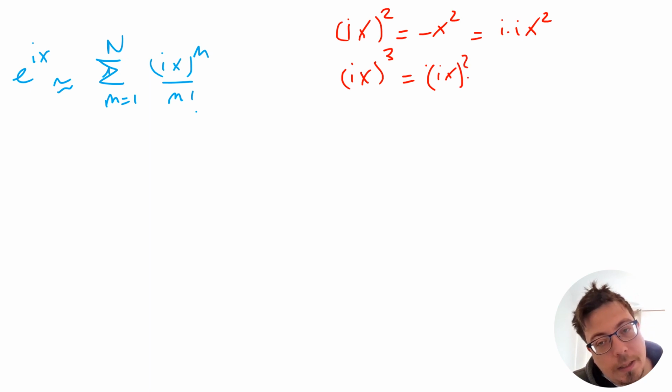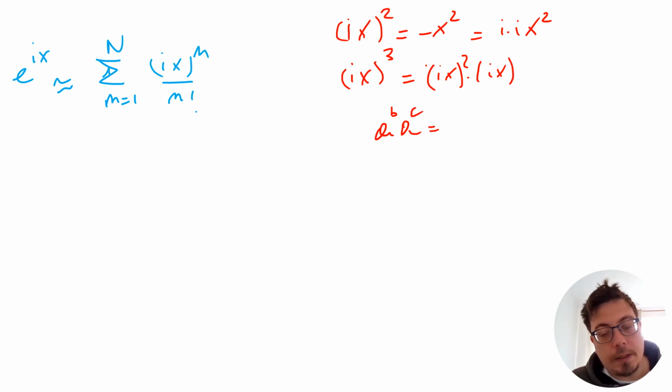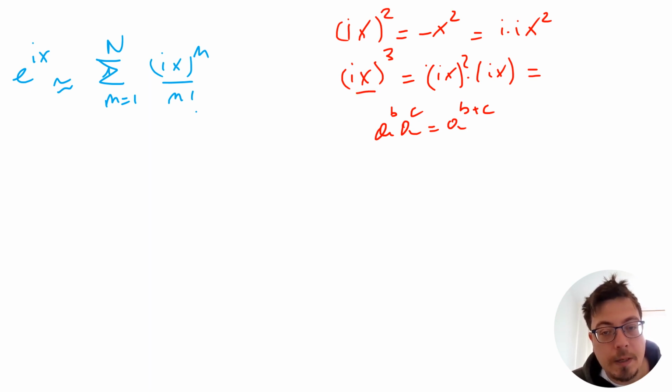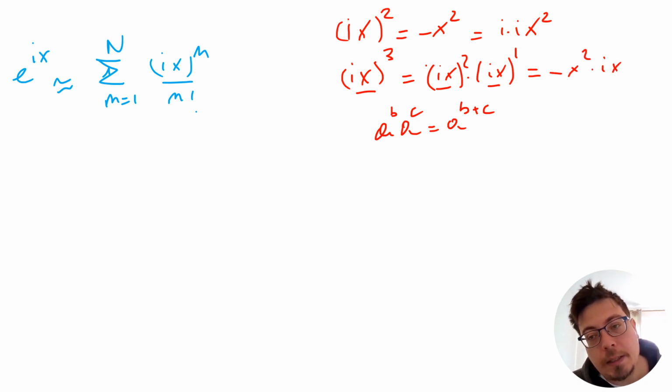It's i squared times i, because we remember that the properties of exponents are that when you multiply two powers, you sum the exponents. So this is correct because they have the same base. Okay, and this is 3, 2 plus 1 is 3, so this is good. This is minus x squared times ix, which is minus ix cubed.